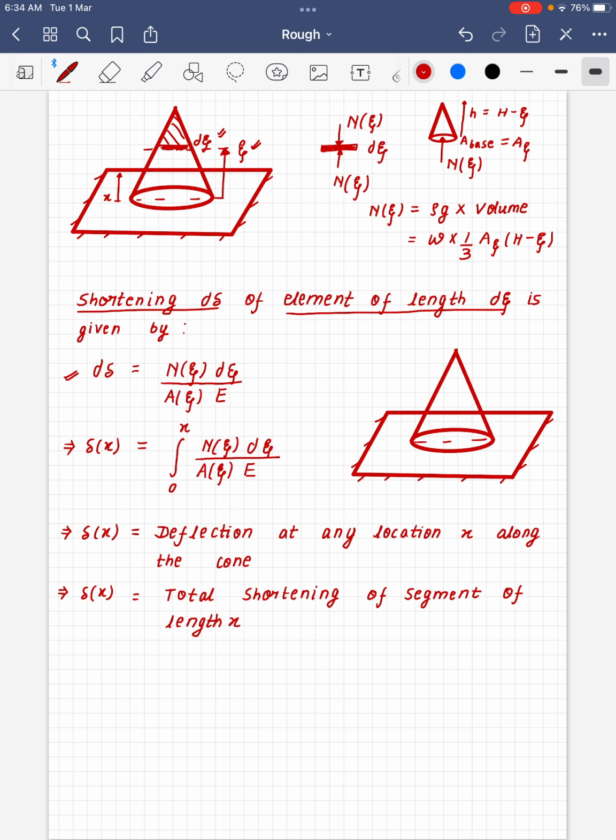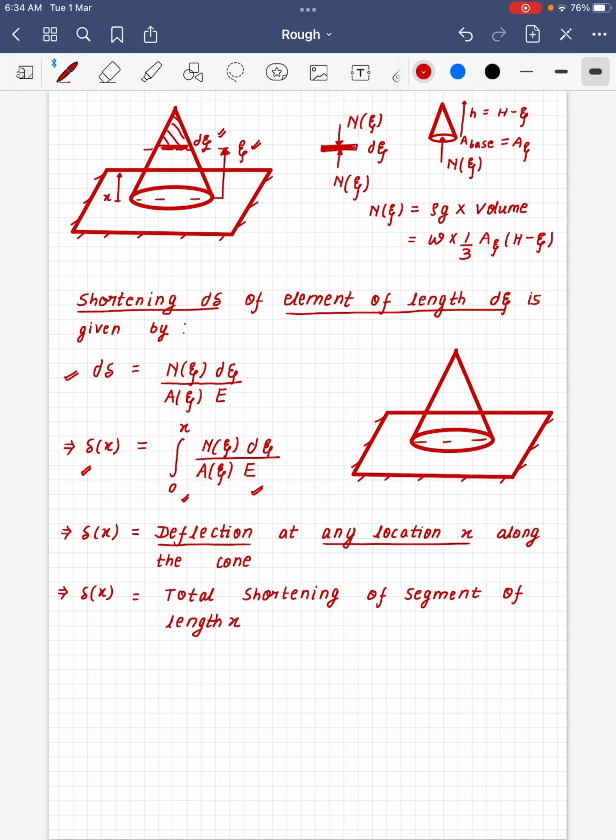And the deflection at any location x can be given by integrating the above term, integrating from 0 to x, N of zeta d zeta upon A of zeta E. So the deflection at any location x along the cone can be given by this formula.